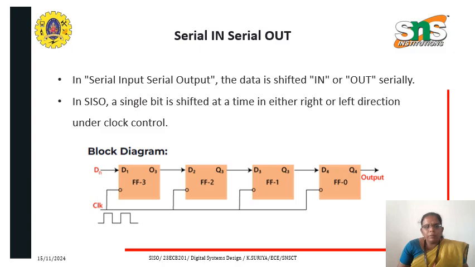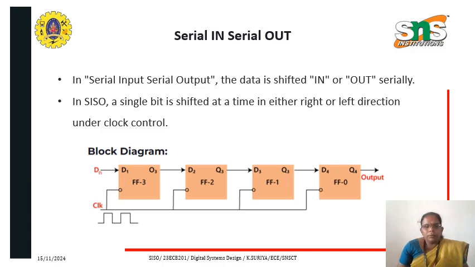Initially, all the flip-flops are set in reset condition. That is, Y3 = Y2 = Y1 = Y0 = 0, which means all the outputs Q3, Q2, Q1, Q0 are 0. If we pass the binary number 1111, the LSB bit of the number is applied first to the D input.